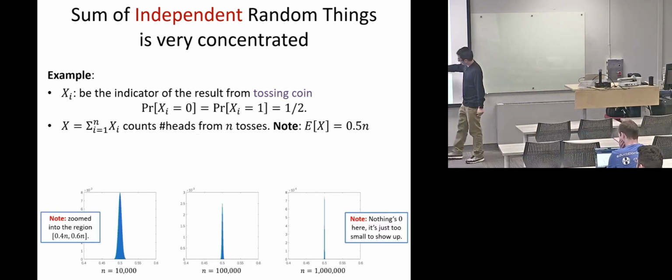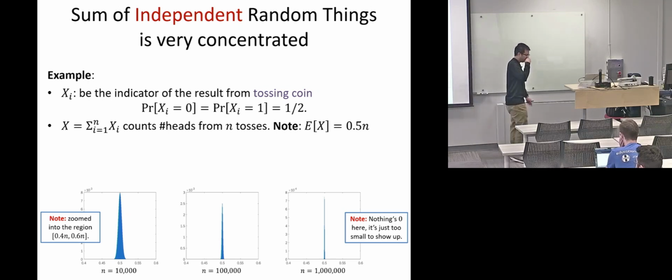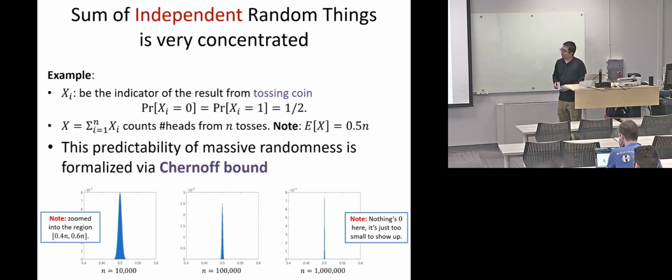Even when you focus on 0.4 and 0.6, it's just around the expectation here. Nothing here is 0, it's just too small to see. So you see this is really concentrated, and basically the sum of independent things is really predictable.